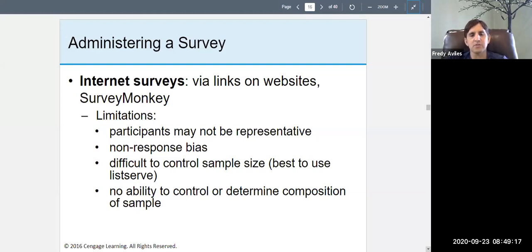With surveys, you also have no ability to control or determine the composition of the sample. It could be anyone responding. It could be a bunch of males, maybe not so many females. Just like on those dating sites, the vast majority of people are male, like 90% male. So sometimes that's what you get.